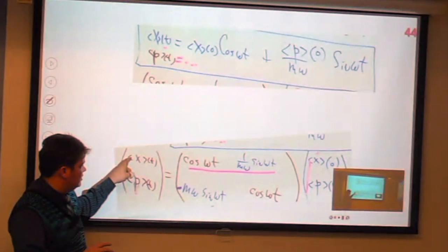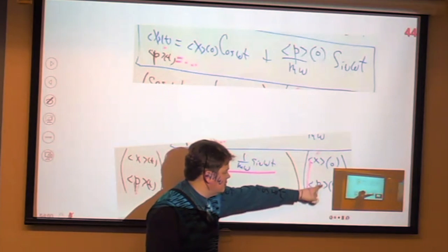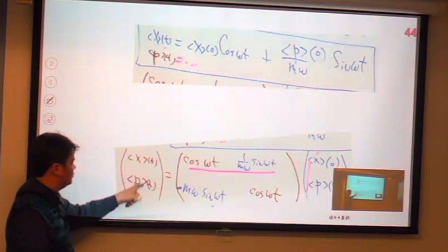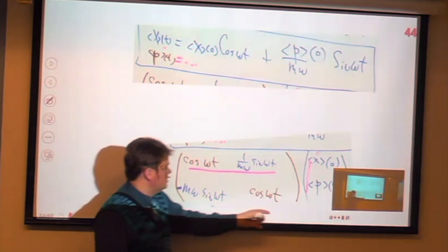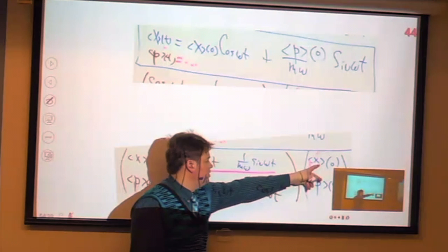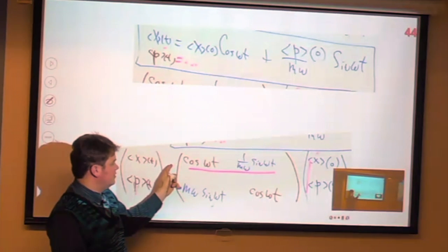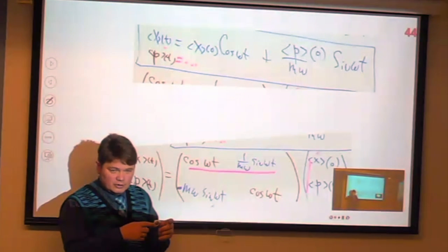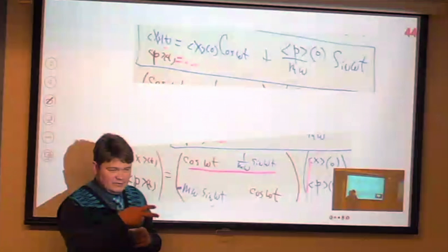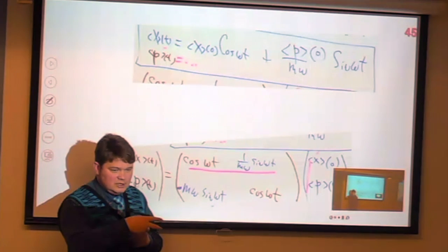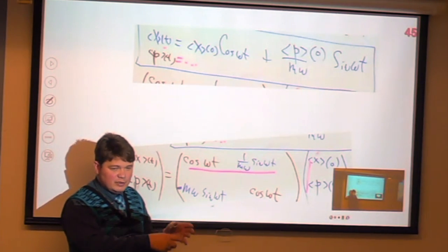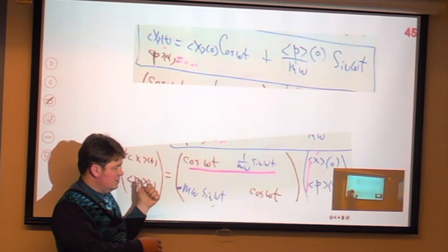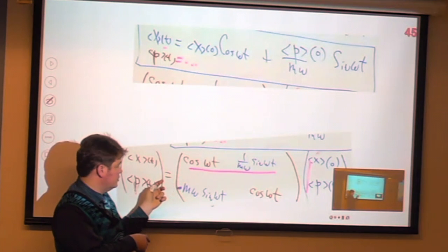So if we have a vector of initial values, x naught and p naught, and you have a vector of time-dependent answer, we can convert from these two parameters into this answer by matrix multiplication, where this matrix includes all time evolution. So it is a matrix that converts initial or past position and momentum to the future position and momentum. Instead of writing two equations, we can write one matrix equation.